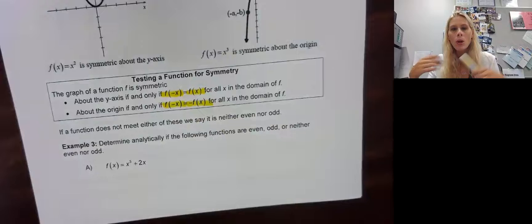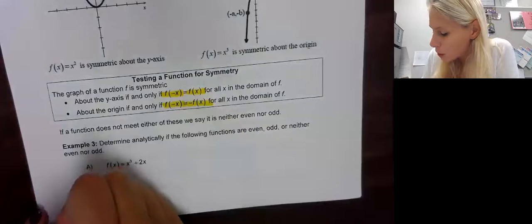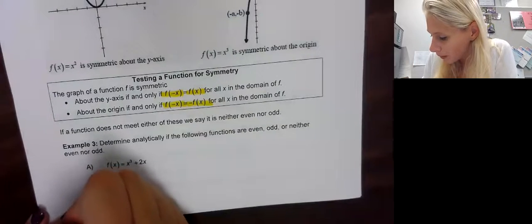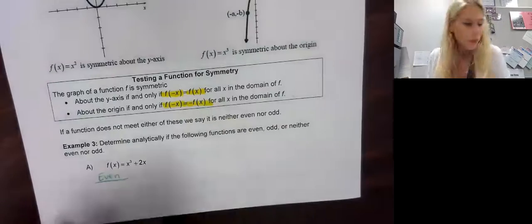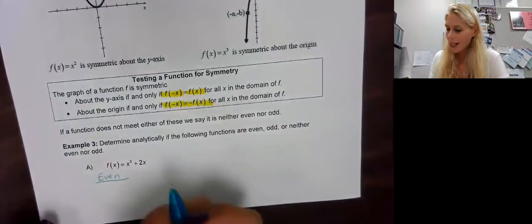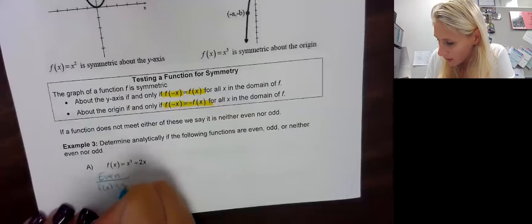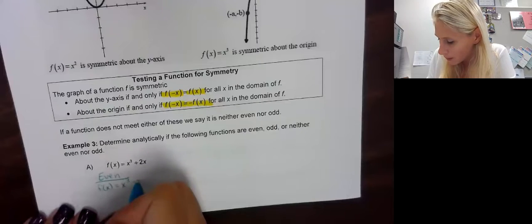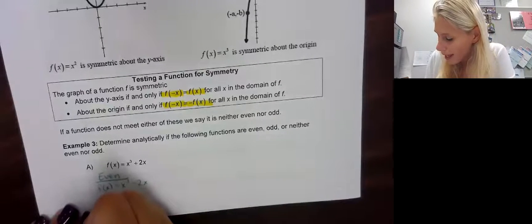So how do we do that algebraically? I'm going to show you here. I'm going to test both ways. First thing I'm going to do is test even. So I'm asking myself, is f of x, which is x cubed minus 2x, equal to f of negative x?